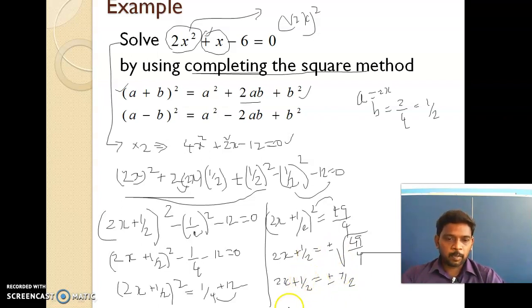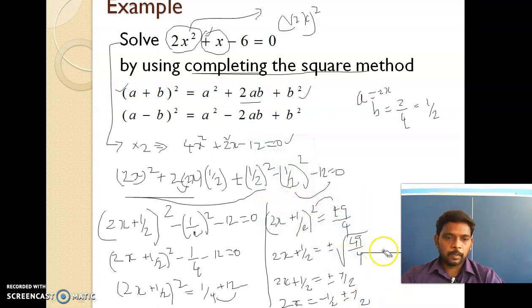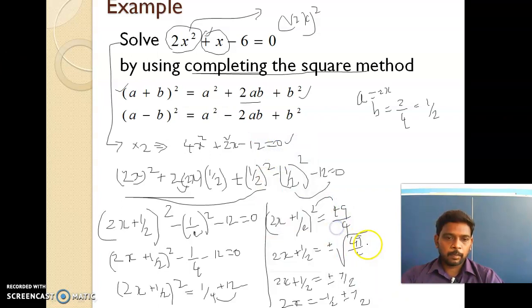So next transpose 1/2 to the right-hand side, so 2x equals, this plus 1/2 becomes minus 1/2 plus or minus 7/2.